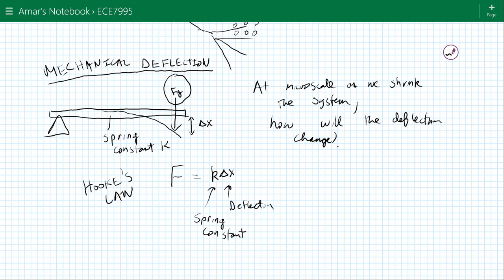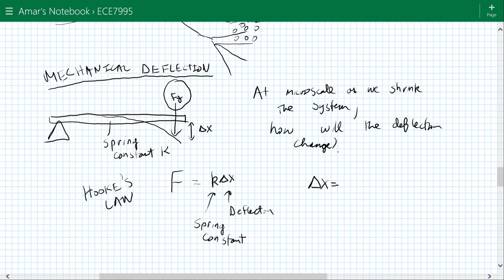So let's go through that. Delta X is equal to F divided by K, the force of gravity divided by the spring constant. So this is proportional to, how does the gravitational force scale?